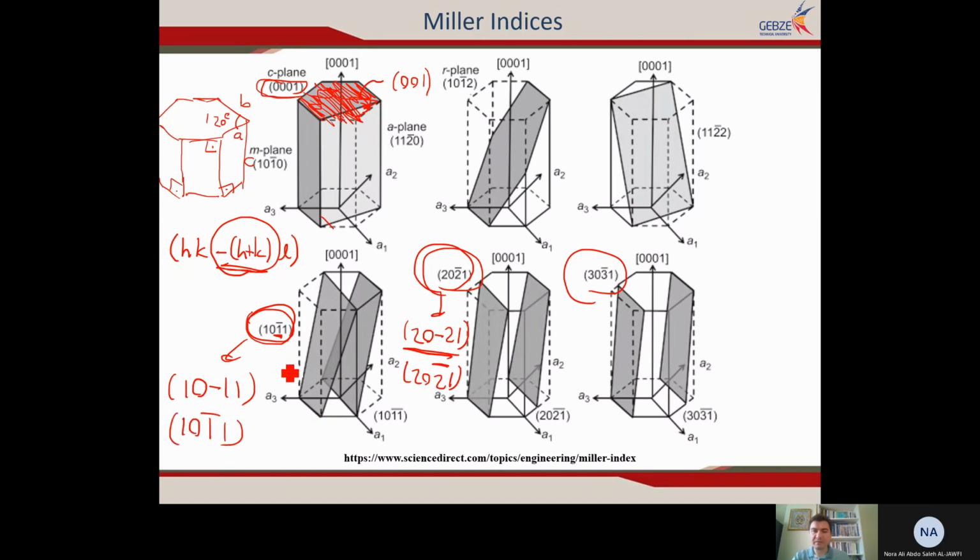So these are the Miller indices for the crystal structures, and we can determine these Miller indices by using X-ray diffraction. For example, you have grown a zinc oxide material on top of silicon, let's say. This is the silicon substrate, and then this is zinc oxide. Zinc oxide has a hexagonal structure, and there are many surfaces of the hexagonal structure. So what about the direction of the crystals, the direction of the surfaces parallel to the surface of the film?